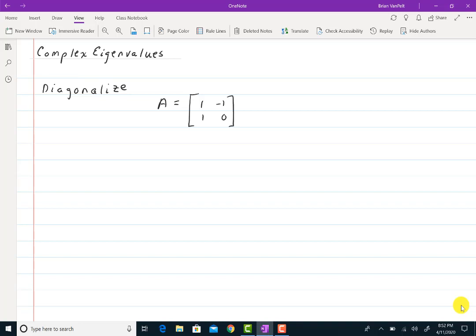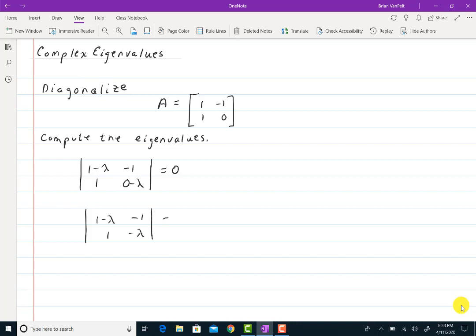Now, the first thing we usually do is compute the eigenvalues. So for that, we set this determinant equal to 0. And so we have 1 minus lambda, -1, 1, negative lambda equals 0.